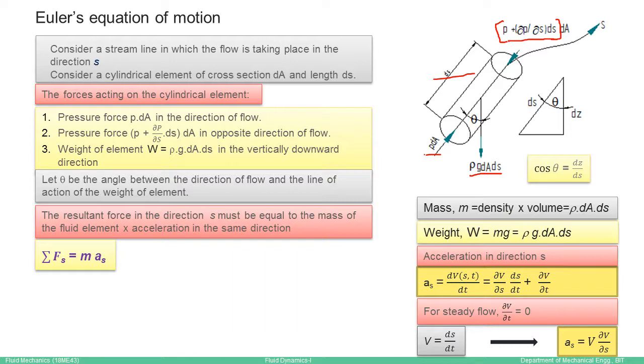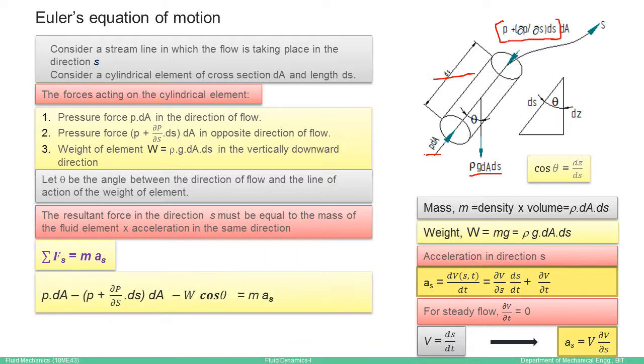And also acceleration in any direction is given by the rate of change of velocity in that direction. And since velocity is a function of the direction, since we consider one dimensional flow here, s, that is in space, along the streamline, and also time, we have dv by dt equal to dou v by dou s multiplied by ds by dt plus dou v divided by dou t.